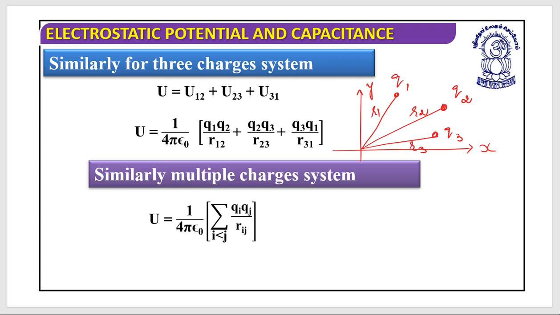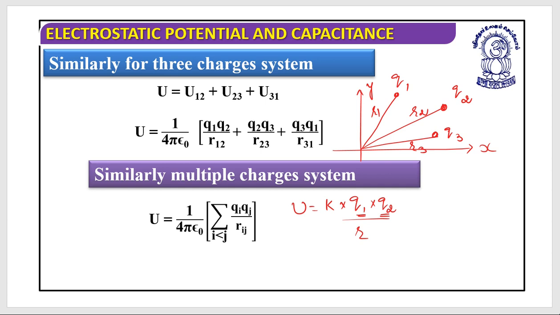One of the simplest methods is, you know that U is equal to k multiplied by q1 multiplied by q2 divided by the separation between these two charges. So what you need to do is make pairs, each pair having two charges.